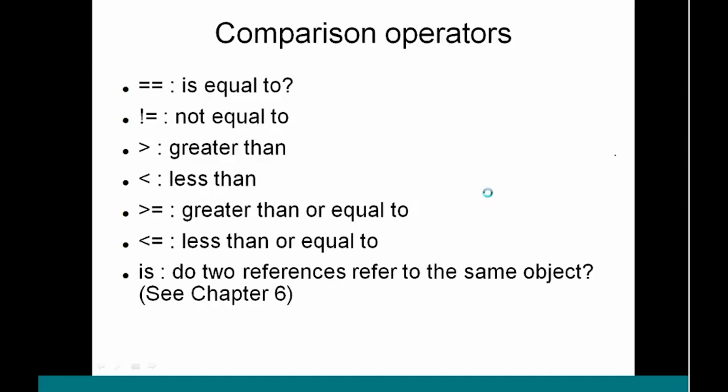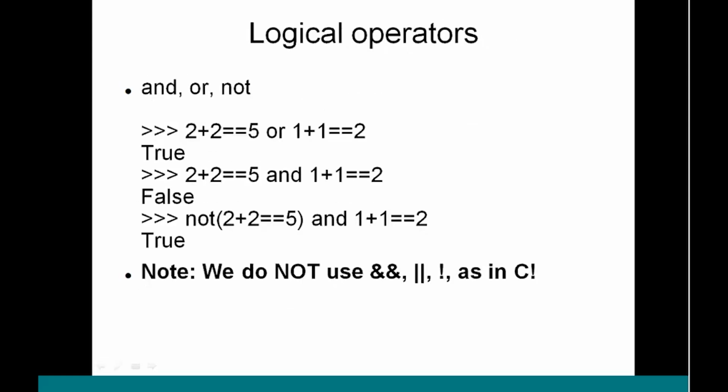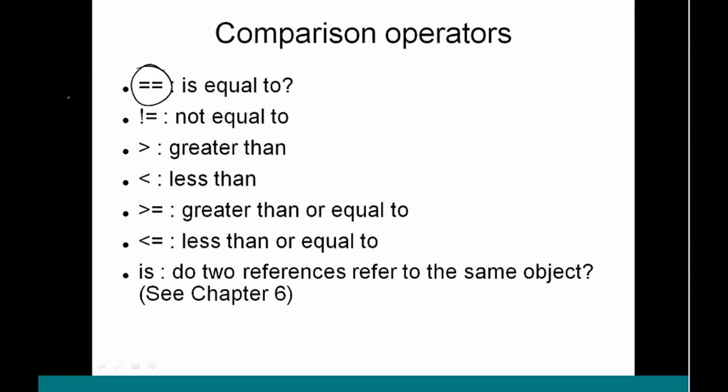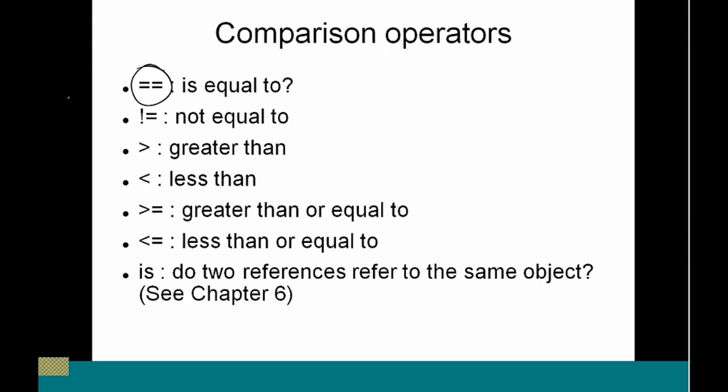So let's look at some of the comparison operators. This one we saw in the first example, that is equal. It is a comparison to find out whether two things are equal.